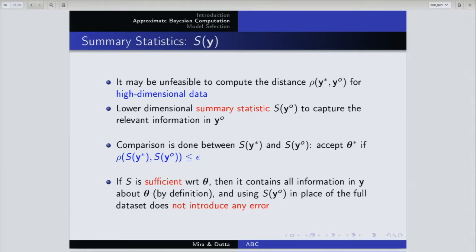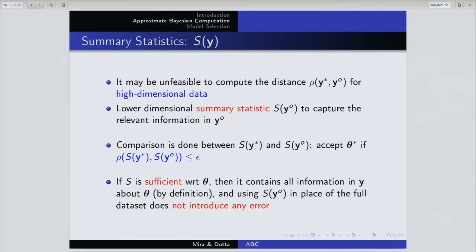Now, if the summary statistics is sufficient for theta, that is, it contains all the information relevant in the data for making inference about theta, then we do not introduce a further level of approximation in the ABC procedure. Unfortunately, evaluating whether a statistics is sufficient or not is impossible if you don't have a likelihood. If you go back to maybe your statistical course, the definition or proving that a statistics is sufficient requires a likelihood, which we don't have, remember, we don't have a likelihood.